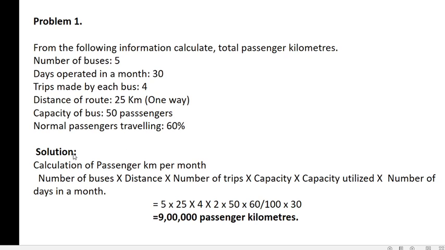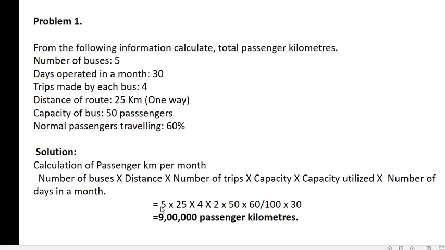So we have the solution here, calculation of passenger kilometer per month. Number of buses into distance into number of trips into capacity utilized into number of days in a month.